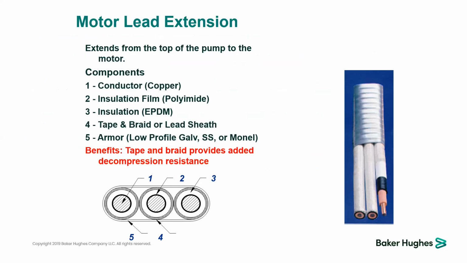The motor lead extension has the same components as flat cable: conductor, insulation and armor, and it only connects between the motor and the power cable. Normally, the power cable is installed from the surface up to the middle of the first tubing above the charge head of the pump, and then the MLE or motor lead extension is connected from the middle of the first tubing up to the motor head.